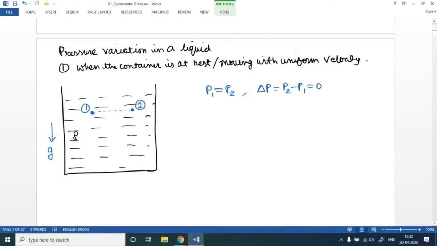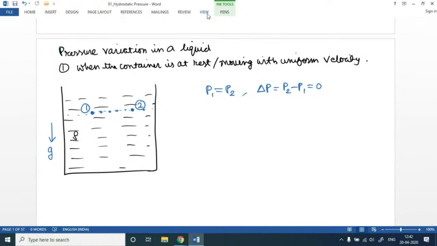So there must be no pressure variation between 2 points at the same horizontal level. These points will have the same pressure.